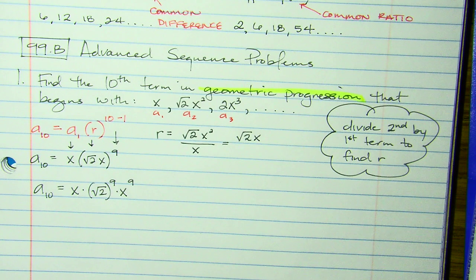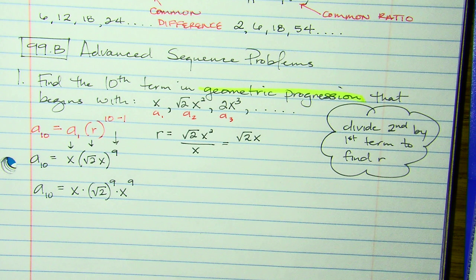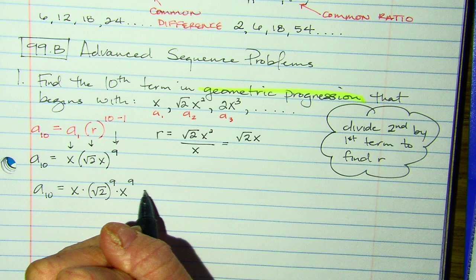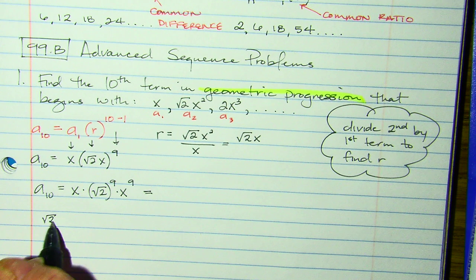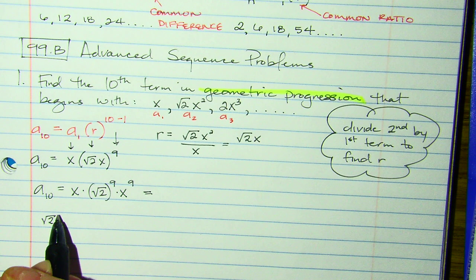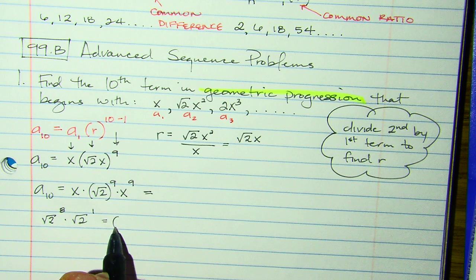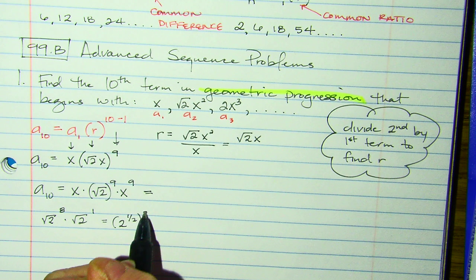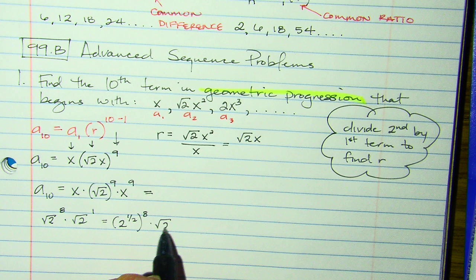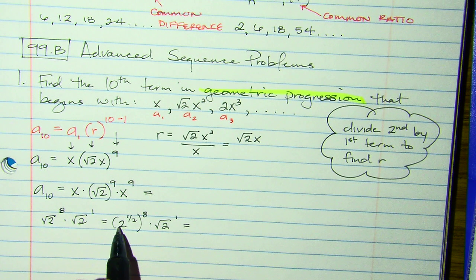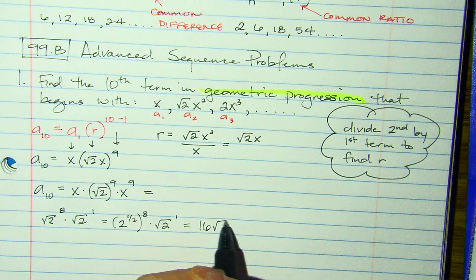Now you can do this a couple ways, it just depends on how you want to simplify this. I like to think of this as root 2 to the 8th times root 2 to the first. And root 2 to the 8th would be the same as 2 to the 1/2 to the 8th times root 2 to the first. This would give me 2 to the 4, so 16 root 2.